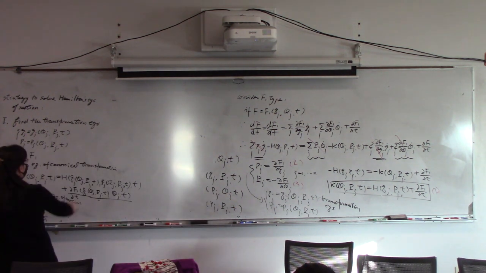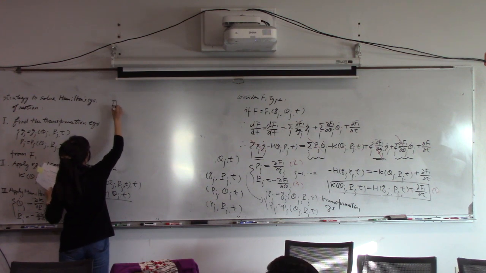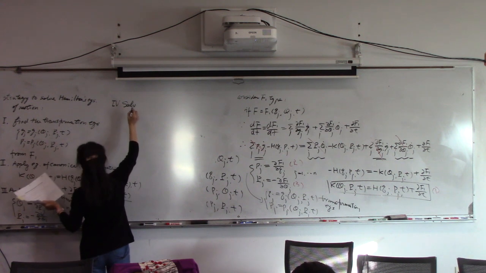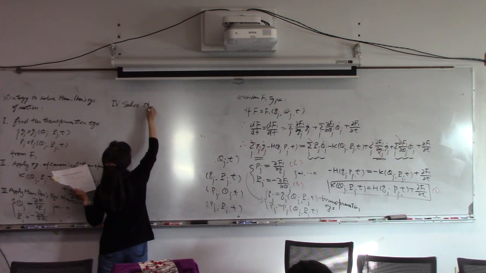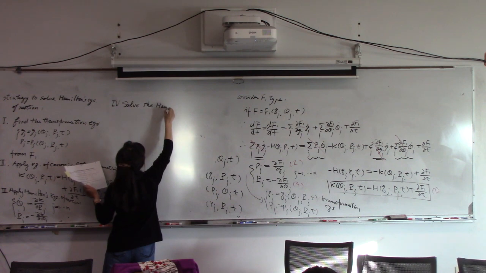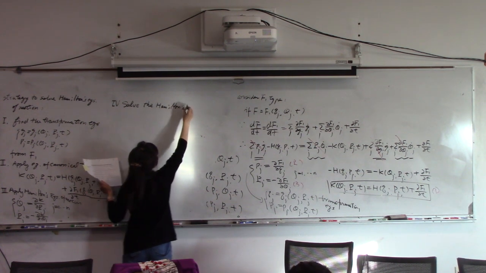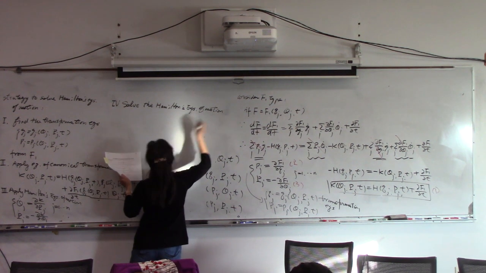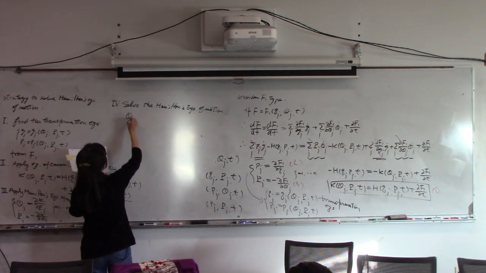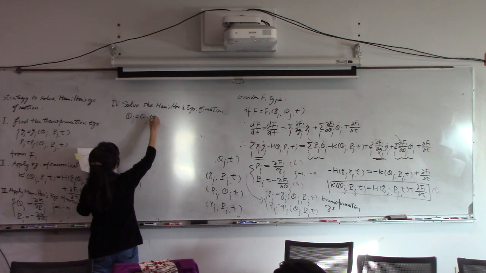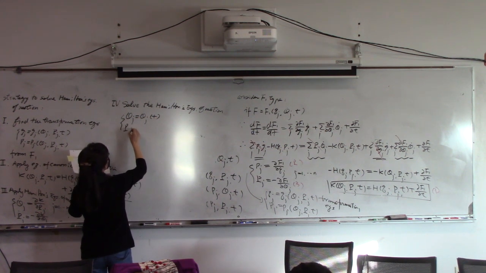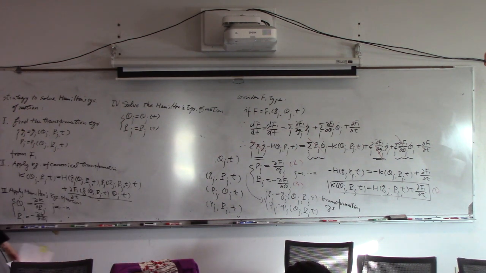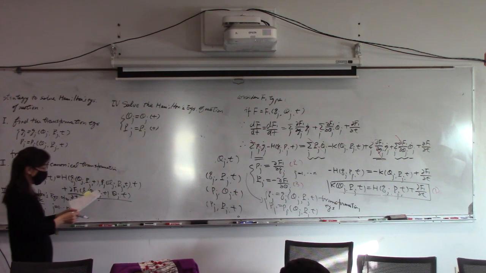When we apply this, number 4, the equations of motion, then we get the solution: Q_J is a function of time, and P_J is also a function of time. That is the solution in the new phase space.